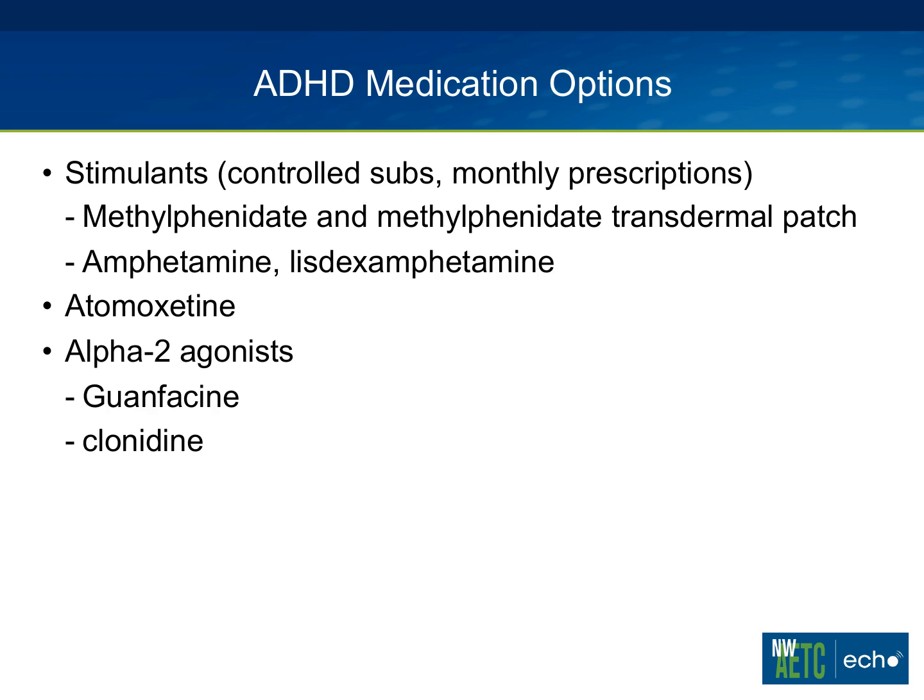Then there's atomoxetine, which is a norepinephrine-based medication. We'll talk about that in a little bit. Alpha-2 agonists, those are all the FDA-approved treatments. The alpha-2 agonists include guanfacine and clonidine. There are other off-label treatments, however, for ADHD.